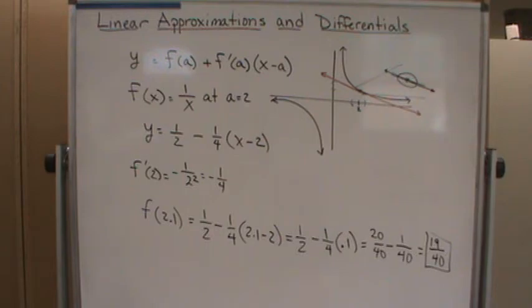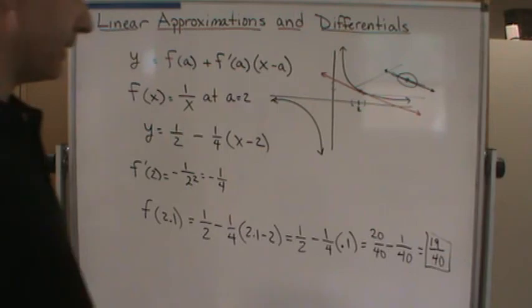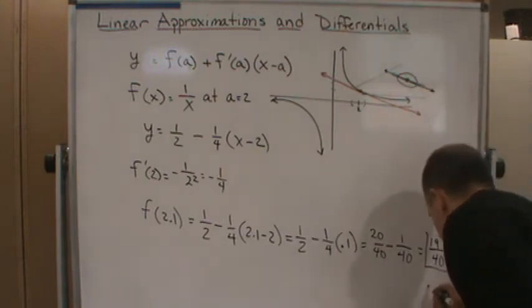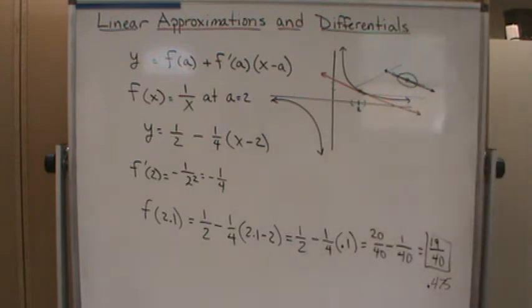Now the actual value is pretty close. So if I do 19/40ths, let's just do the decimal and see what we get. 19/40ths is 0.475. Okay, now what's the actual value?